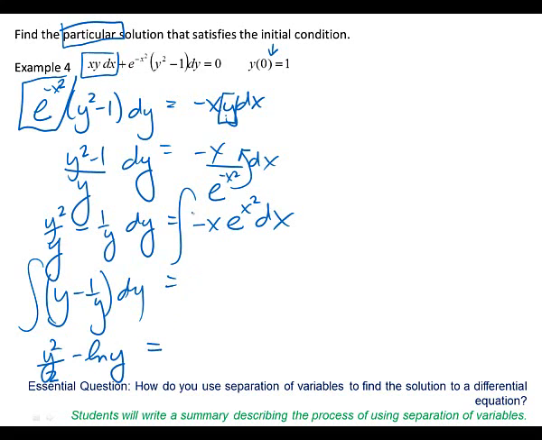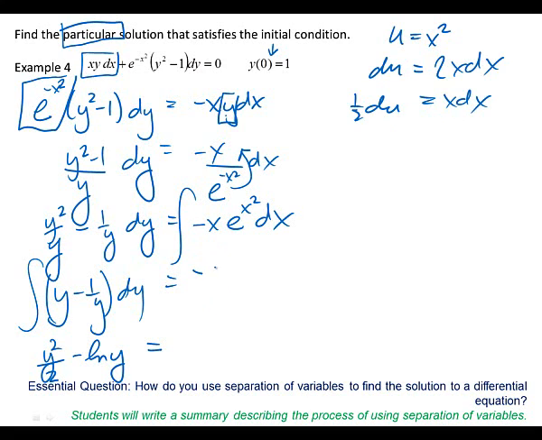Okay. On this side over here, what would we use as our u? Good. So du is what? Good. And we have what missing? The 2, so I'm going to move that over.